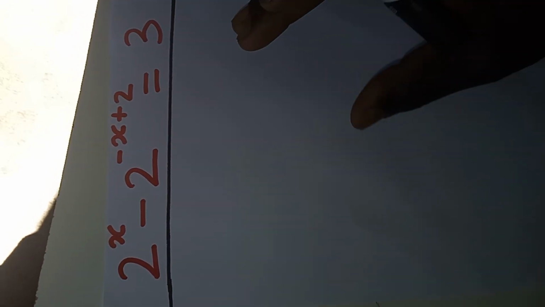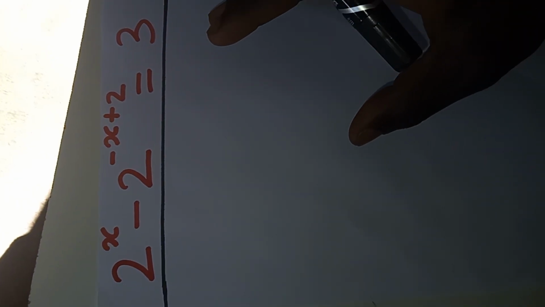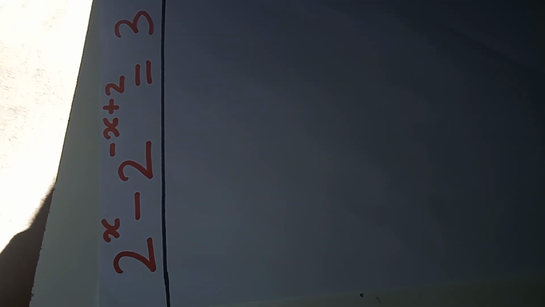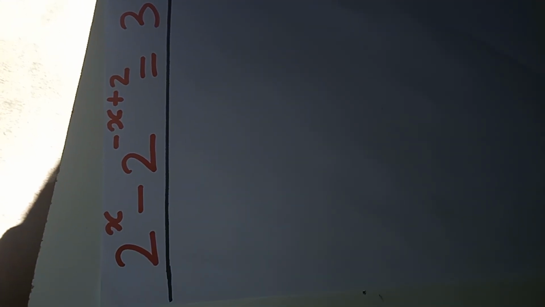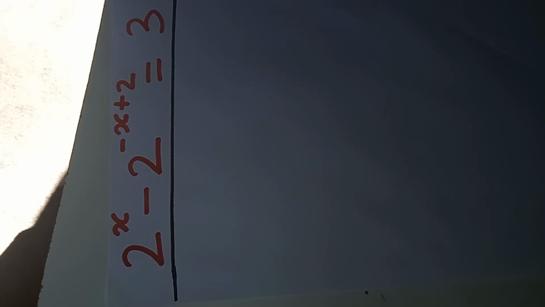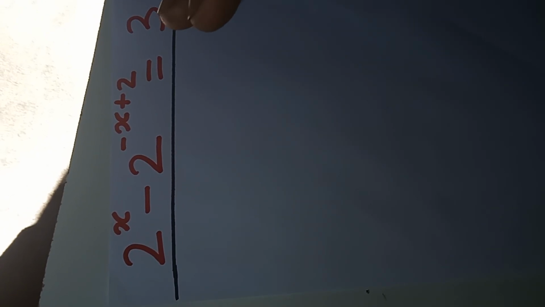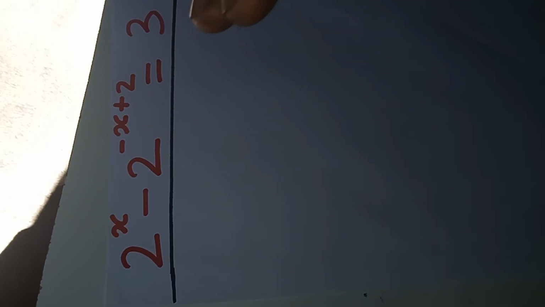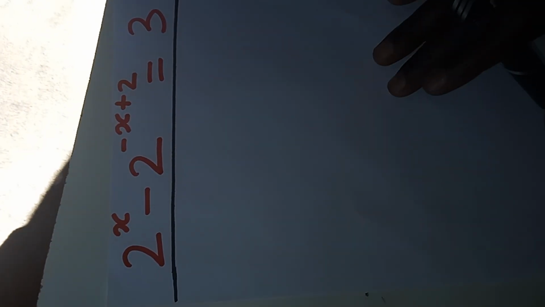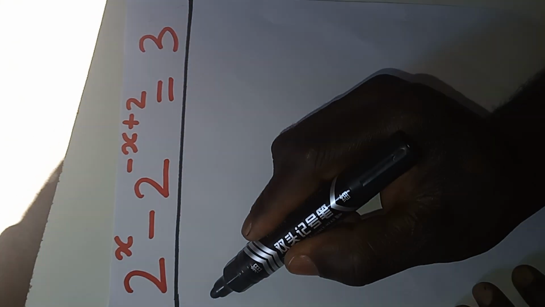So usually these types of problems are mainly solved by rearrangements. You apply your laws of exponents, and to some extent you apply logarithms, natural logarithms. Anything can take part when you come across such questions. But in this case, my preferred way is I want to rearrange first.